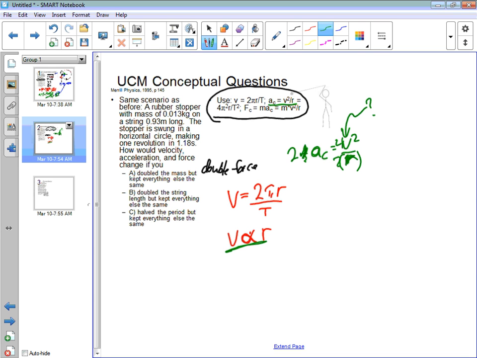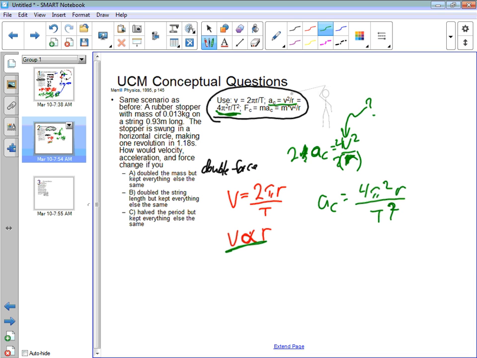Now some people might be like, whoa, what are you talking about there? If we use our more fundamental equation, it's a little bit easier. Centripetal acceleration is 4 pi squared r divided by t squared. That's a square.